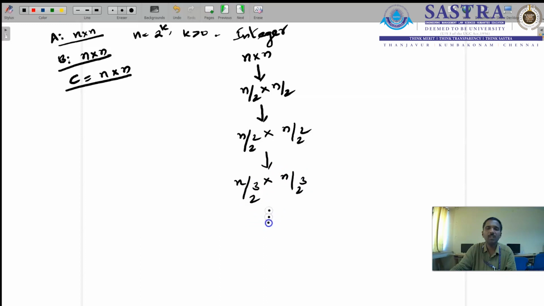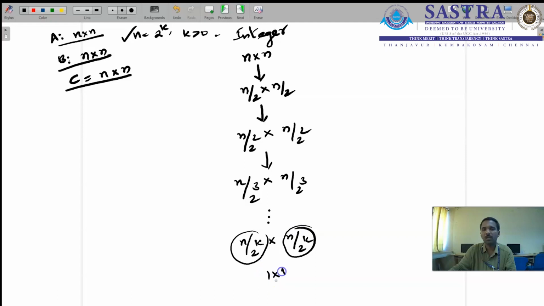So in each recursive call, the matrix size is subdivided by 2. In the final stage, when the input matrix becomes of order n by 2 power k into n by 2 power k, where n is equal to 2 power k, n by 2 power k becomes 1 by 1.